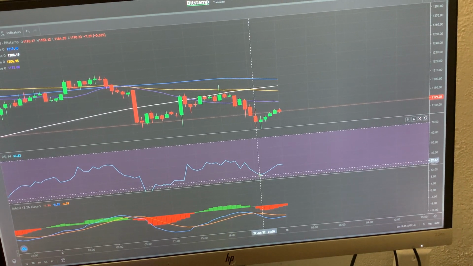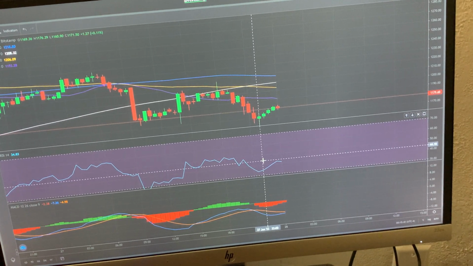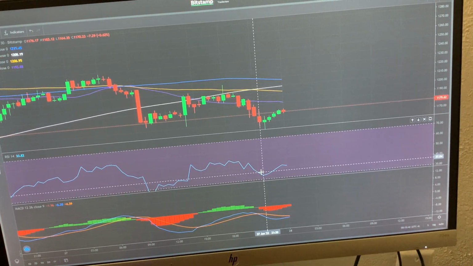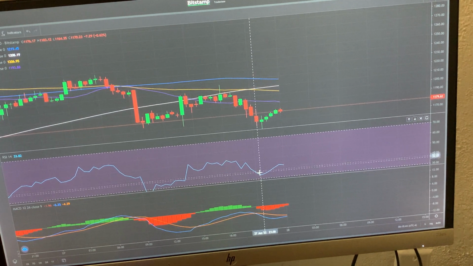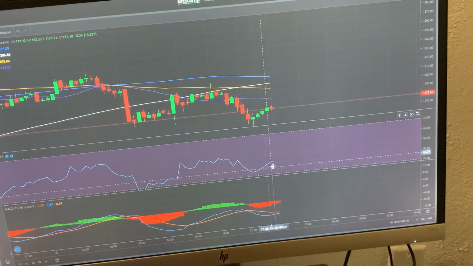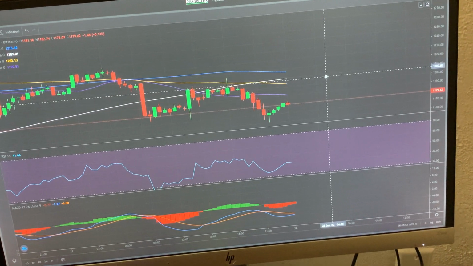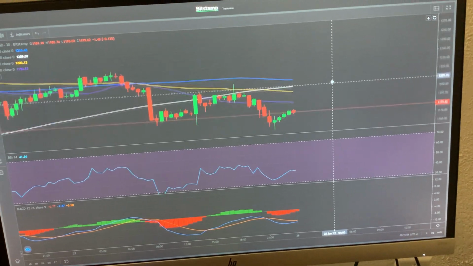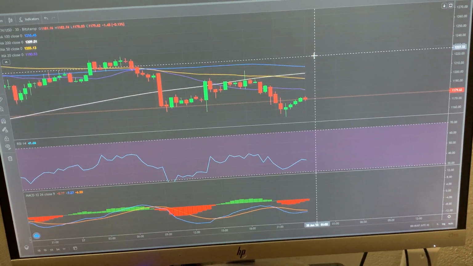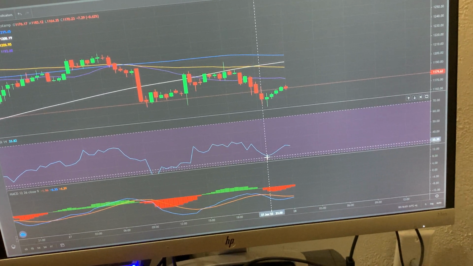Right here's 1170. If it goes up in a straight line and back down, it won't be 1170 anymore. It'll be like 1190, because the line stretches, the number actually changes. That's what I mean by stretching up, because when it goes back down in the same position, it'll be a higher number.